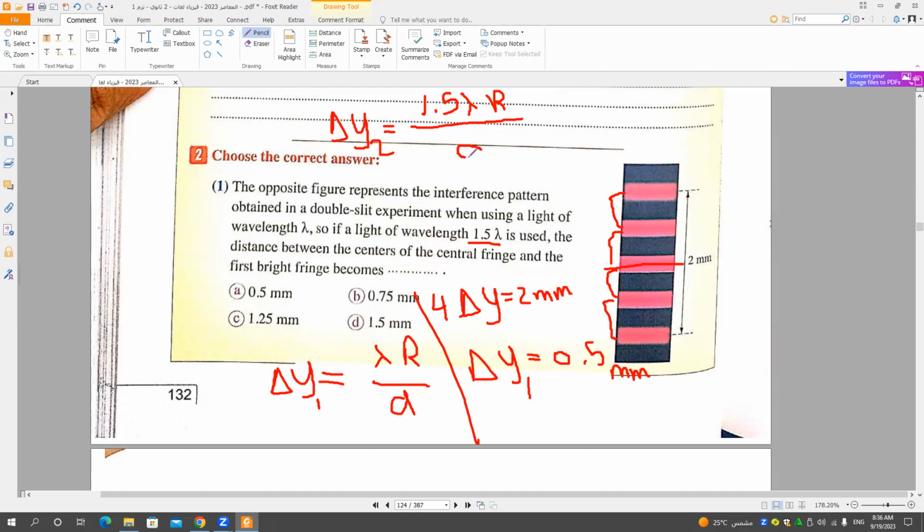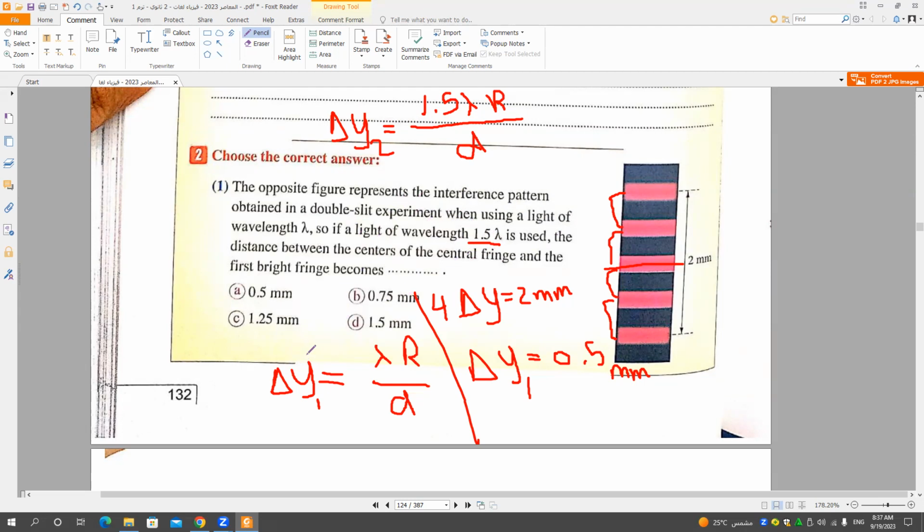Why? R and D don't change, because he used the same device and tools to get another pattern, changing only the wavelength. The relation between delta y and wavelength is a direct relation. When the wavelength increases to 1.5 its value, delta y must increase to 1.5 its value.